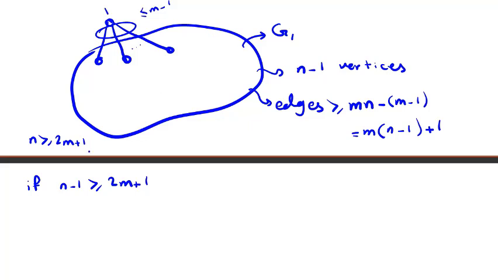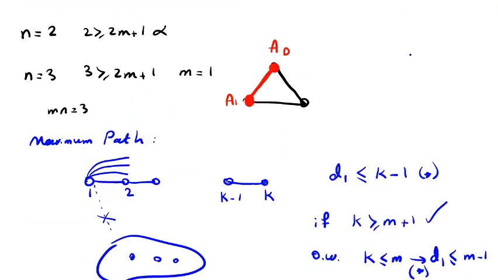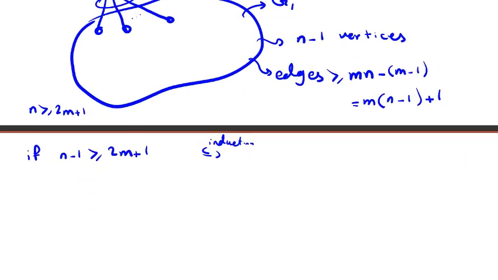Also, you can consider this one as the base case, when n equals 3. If n minus 1 is at least 2m plus 1, then the problem will be solved, and we have a path with length m here.